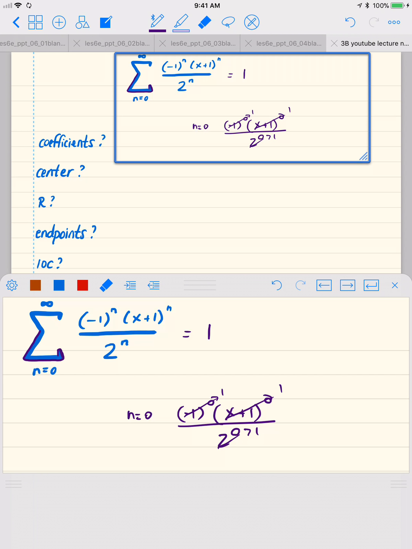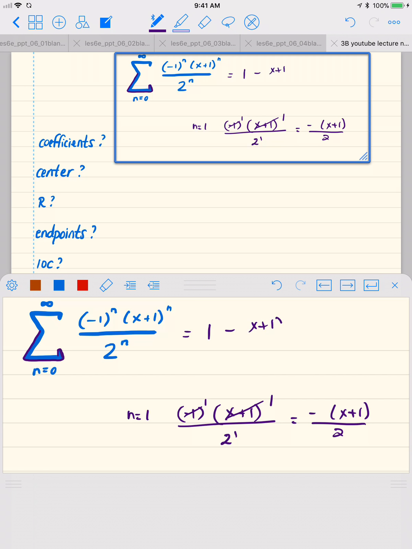And now what about if n equals 1? Then we'll have negative 1 to the 1 times x plus 1 to the 1 over 2 to the 1. So that'll be negative, and it'll be x plus 1 over 2. So I'm going to say minus x plus 1 over 2.